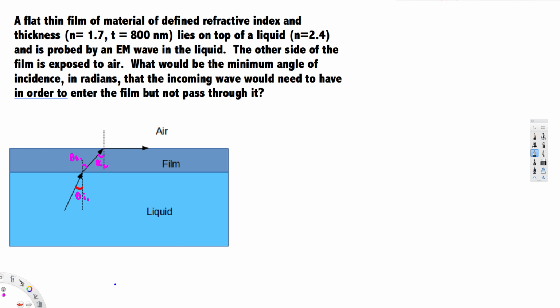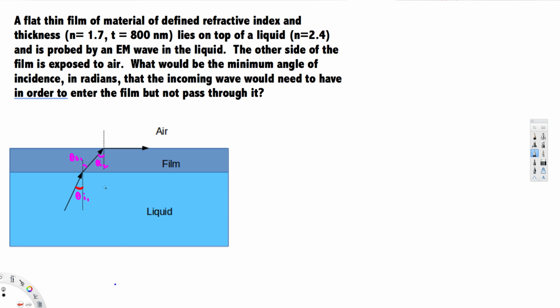At the critical angle the refracted ray is at 90 degrees, and beyond that it goes total internal reflection. Since the question is asking for the minimum angle of incidence, we have to find the angle that gives us the critical angle. Okay, now let's go ahead and do this.